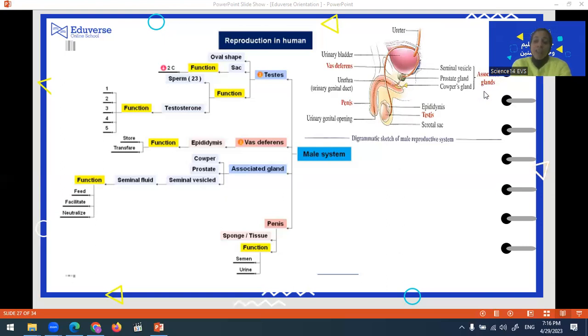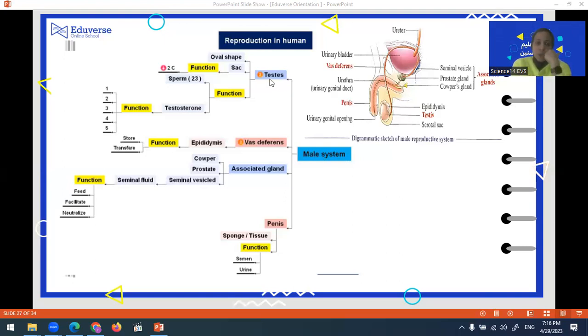Also, the associated glands will have an opening and will secrete something that is poured inside this urethra. So the urethra is a common duct between both systems in the male, the male reproductive system and the urinary system.